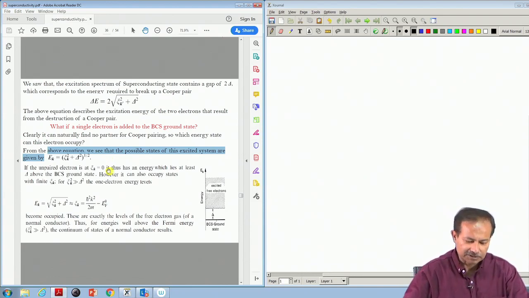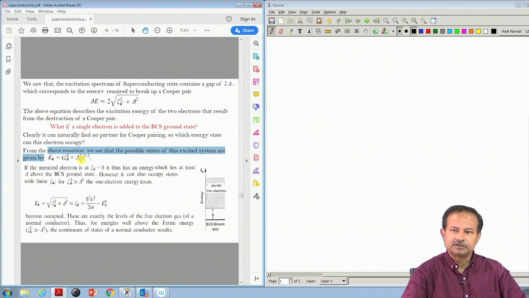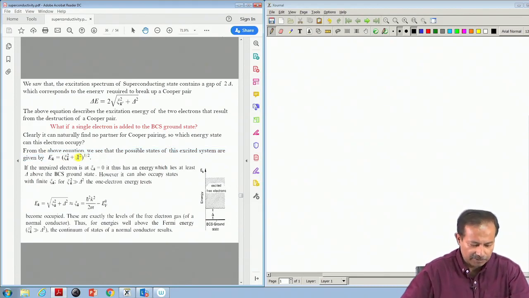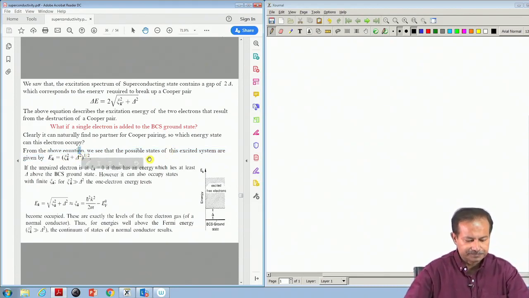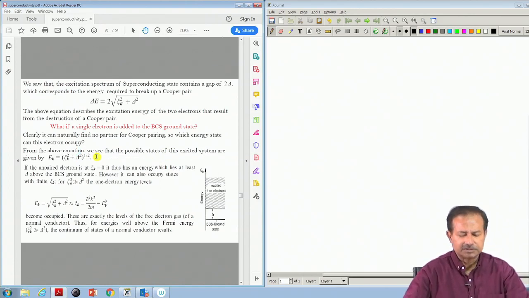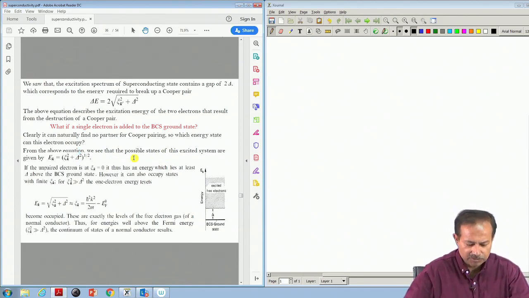The excitation is gapped, and the gap is delta. The spectrum has a gap of delta above 0. So, this is what this excitation is all about.